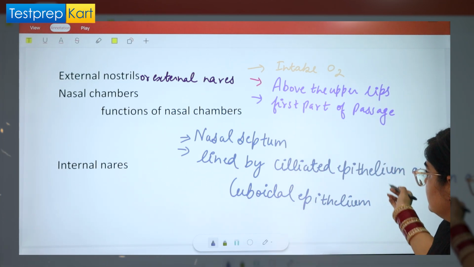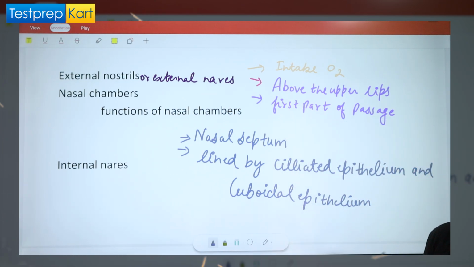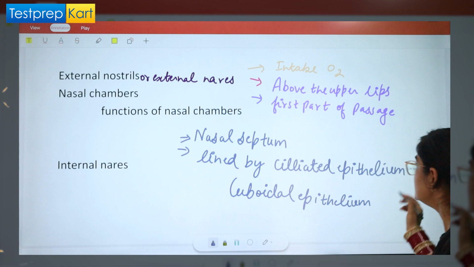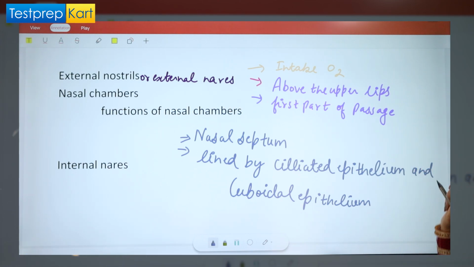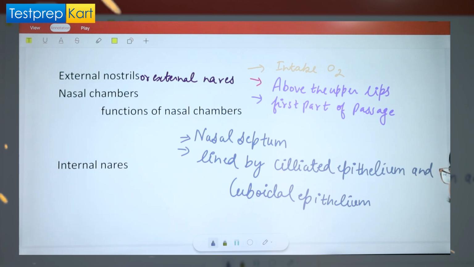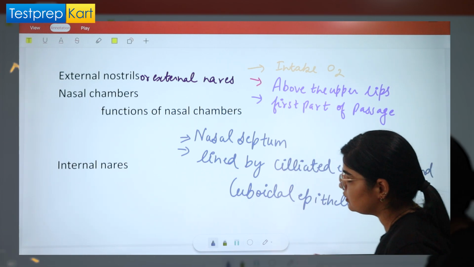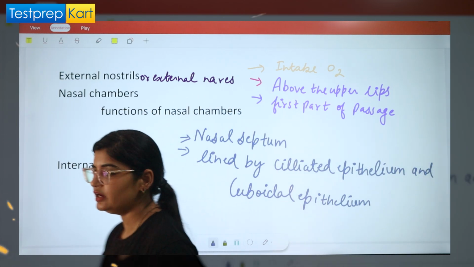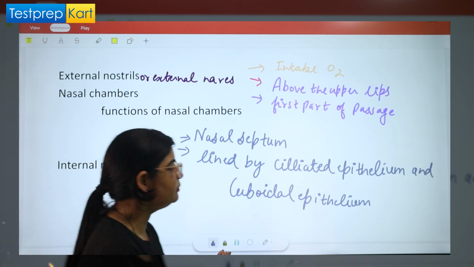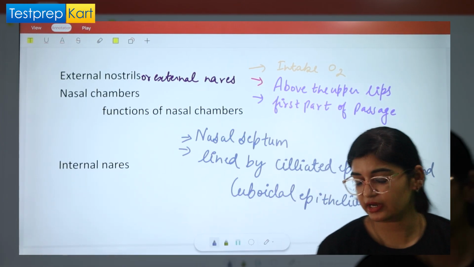So epithelium is a type of animal tissue, and it also has further classification, which we'll discuss in various chapters. But you must remember that the nasal chamber has the lining of ciliated epithelium and cuboidal epithelium, because this has a purpose. So the nasal cavity or the nasal chamber is internally lined by these two types of epithelium.